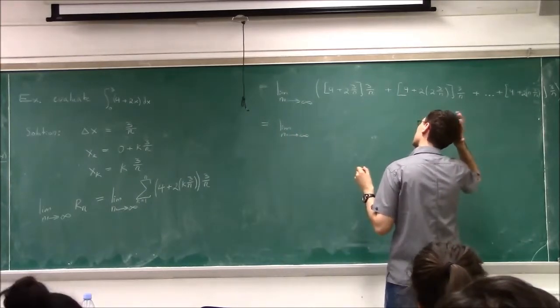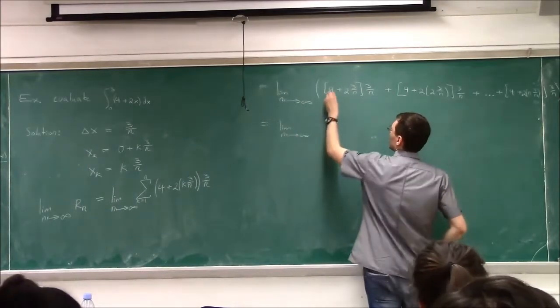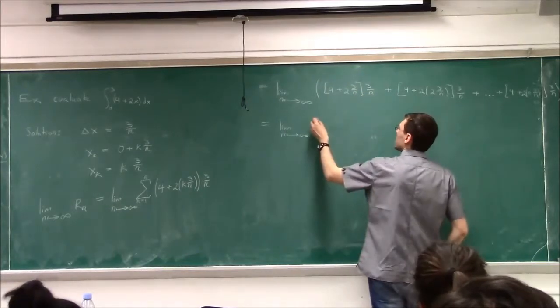The limit as n goes to infinity, and I can group it together, right? I can group the 4 times 3 over n together.